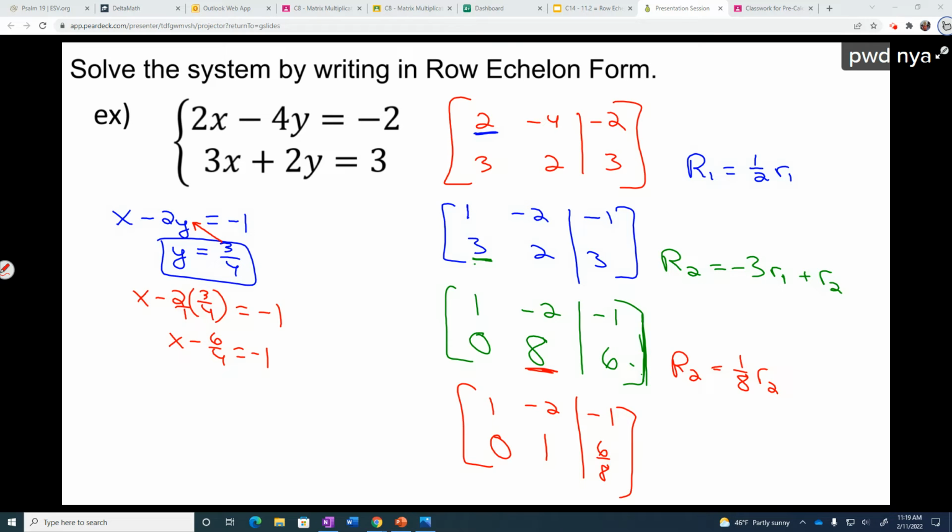Again, if you want to use a calculator for this, you can. Negative 1 plus 6/4, or 3 halves. What does that equal? Let's say 1/2, or half. So our answer then is 1/2, comma 3/4.